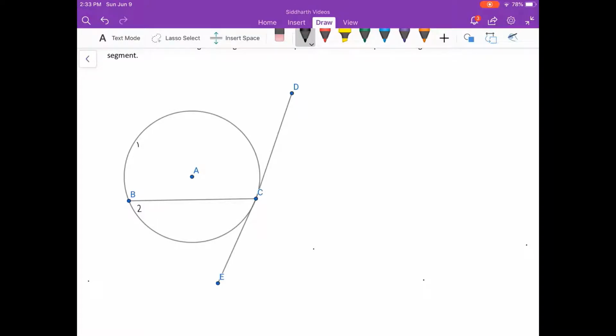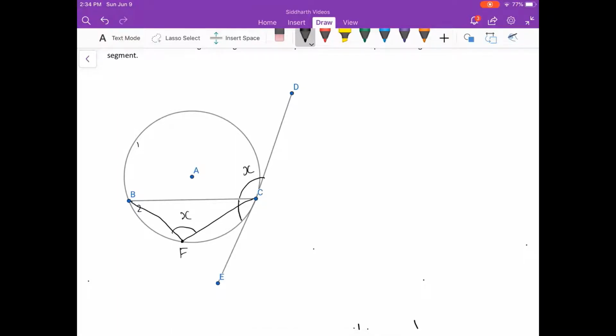Chord BC also intersects tangent DE, forming an angle BCD, which we will call X. Angle X is located in segment 1. The alternate segment theorem states that if I take any angle in segment 2, for example, angle BFC, then these two angles will be equal.